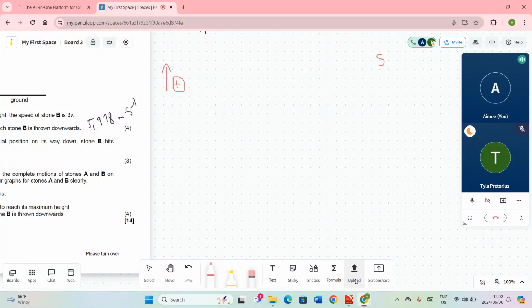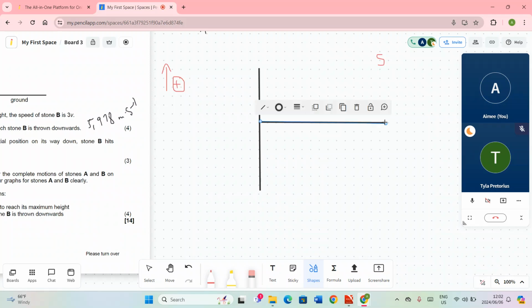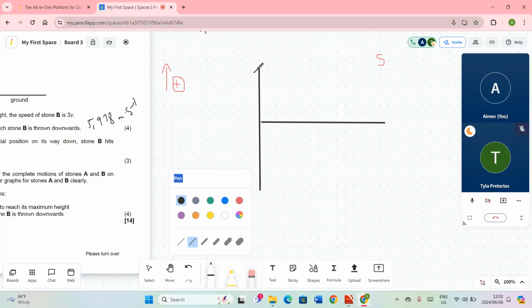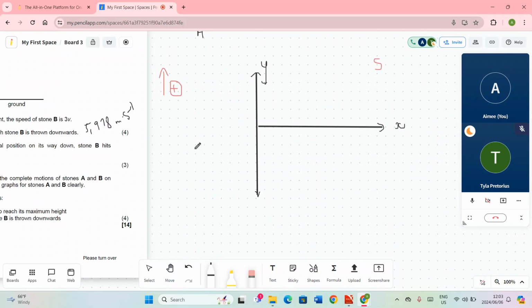So now what do we do? We draw our axes. We label our axes, and we also label them to indicate what is going on each.